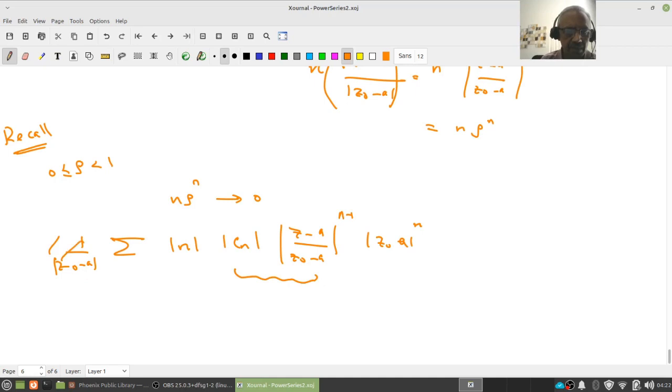This is n minus 1, so this goes to 0. I still have to get used to it, please bear with me. It goes to 0, therefore it should be less than mod z minus a.